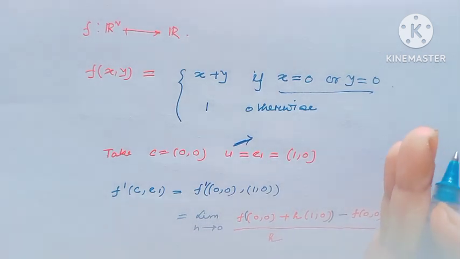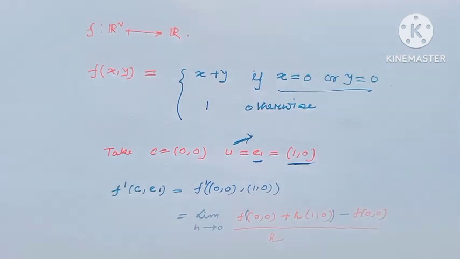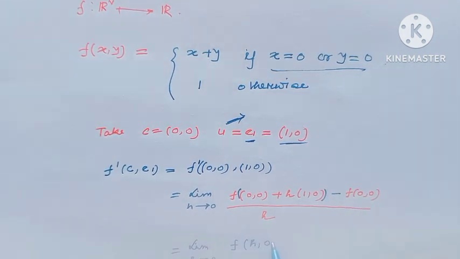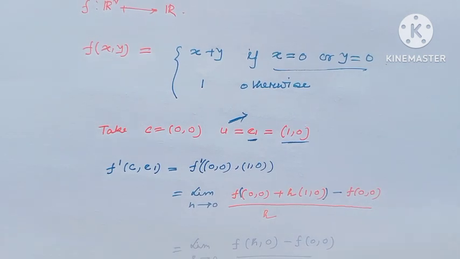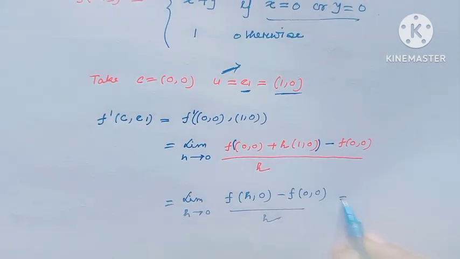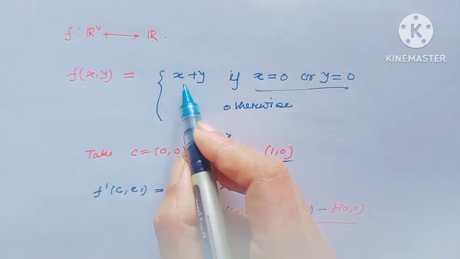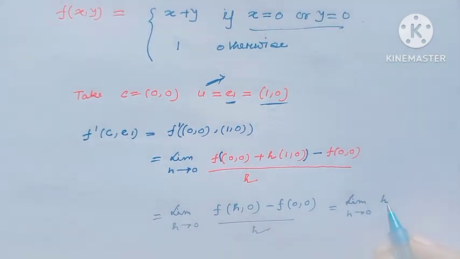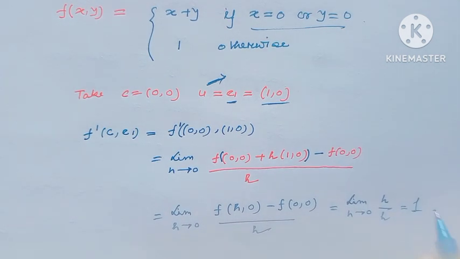Consider the direction u equal to e1 = (1, 0) along the x axis. Then f'(c; e1) means f'((0,0); (1,0)), and this value is the limit as h tends to 0 of [f((0,0) plus h(1,0)) minus f(0,0)] divided by h. This equals the limit as h goes to 0 of [f(h, 0) minus f(0,0)] divided by h, and f(h, 0) is h, so this is the limit of h over h, which equals 1.